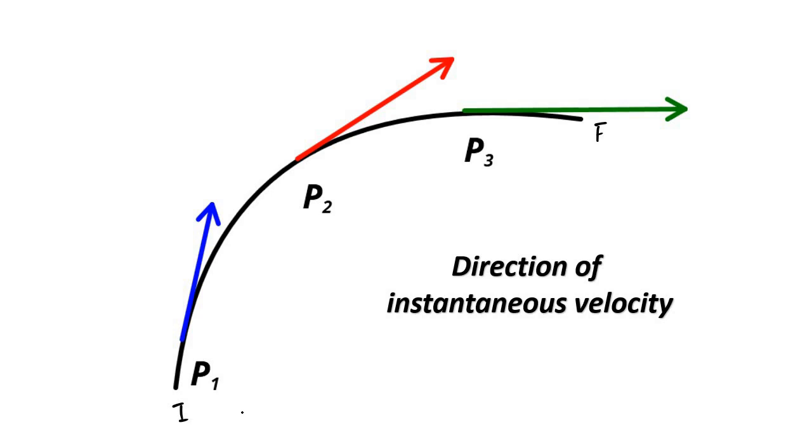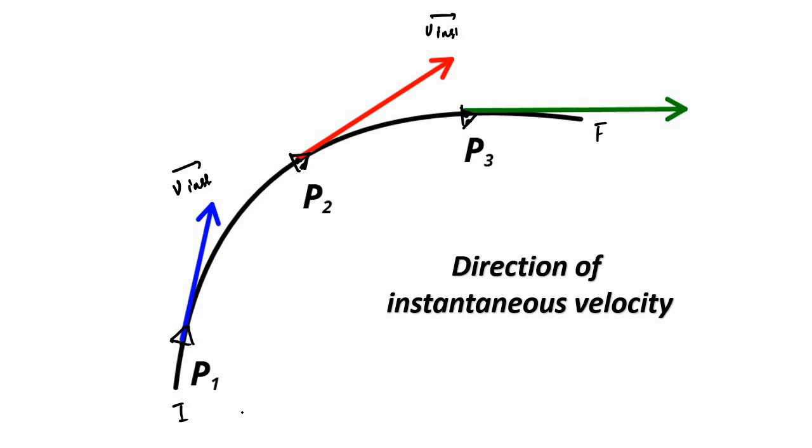At this point the direction of motion is like this. So the tangent drawn at this point gives us the direction of instantaneous velocity at point P1. Similarly at point P2 the direction of motion is like this, so the tangent drawn at this point gives us the direction of the instantaneous velocity vector at P2. Similarly at point P3 the direction of motion is like this.